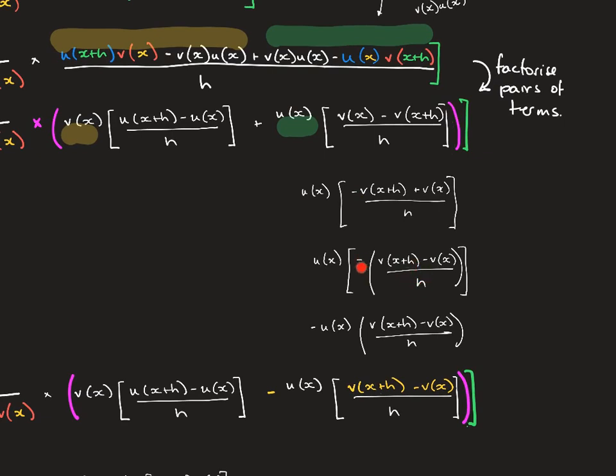So I can bring this -1 as a common factor out the front to make it minus u of x, which brings that minus in here for our quotient rule. So now I've got v du dx minus u dv dx, which is what we have on the top line of our quotient rule.